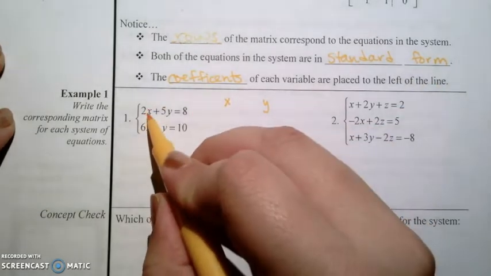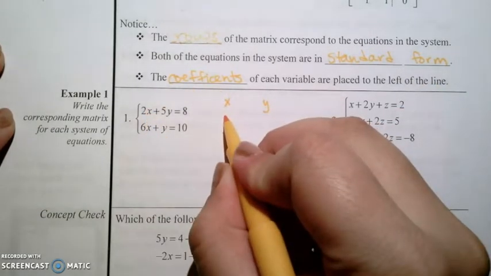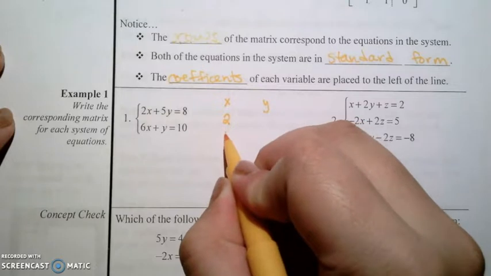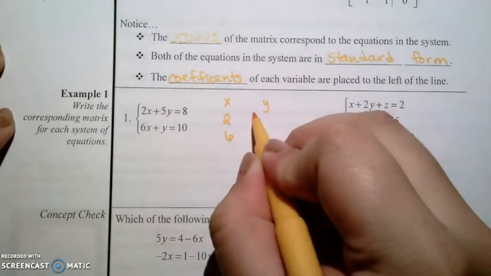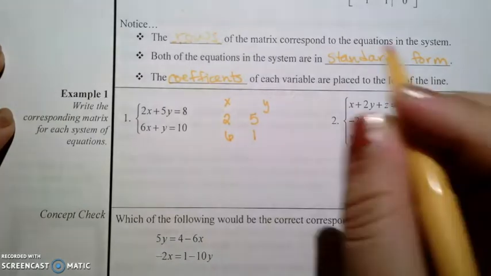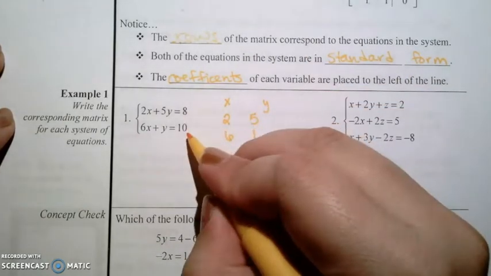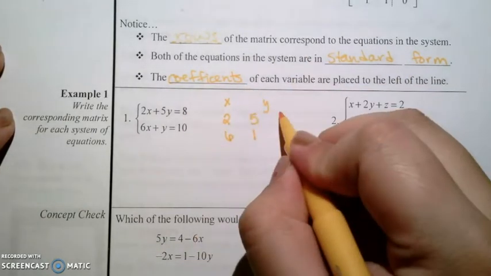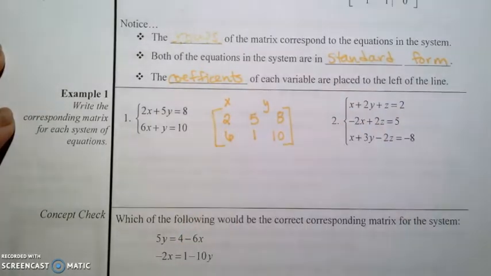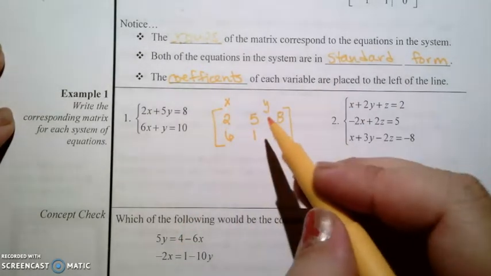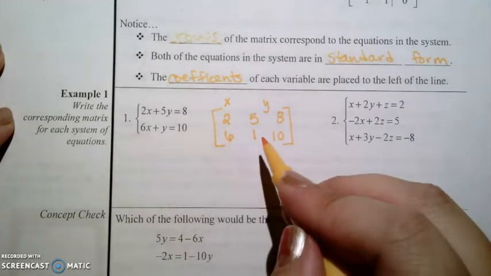And I'm putting the coefficients of x in the first column, so 2 and 6. The second column is my coefficients of y, which are 5 and 1. And then my last column is my constants, 8 and 10. So here I have my matrix. 2, 5, 8, 6, 1, 10.